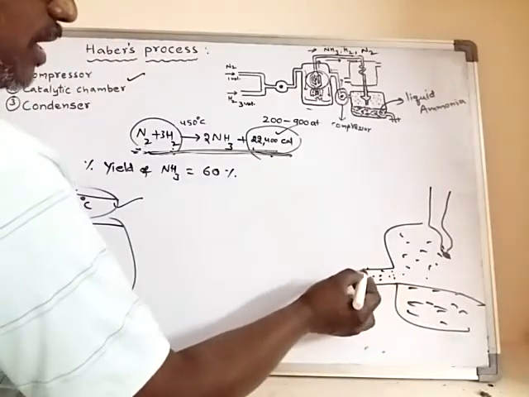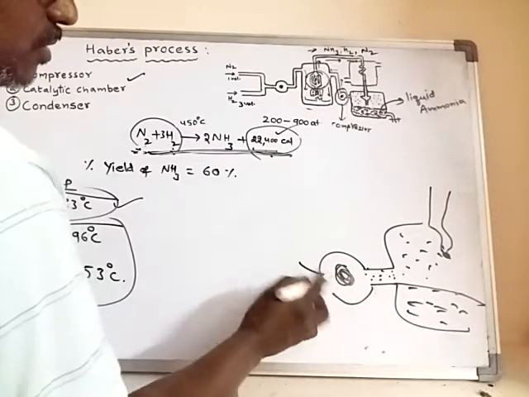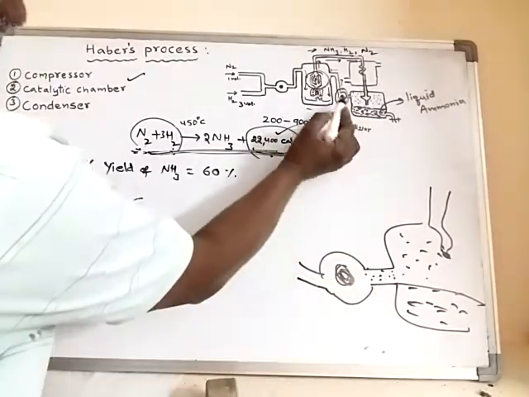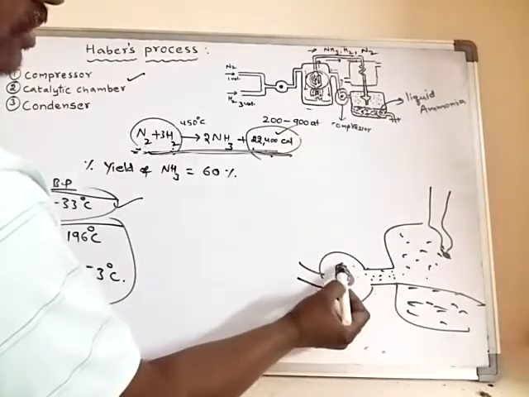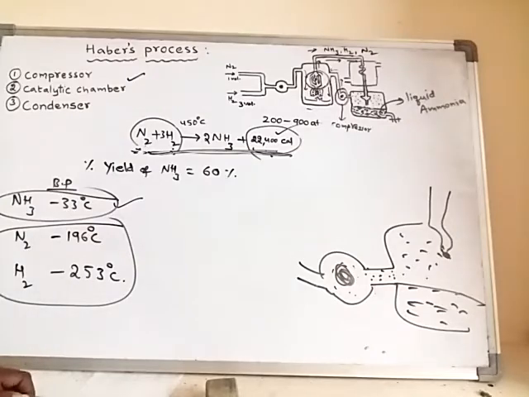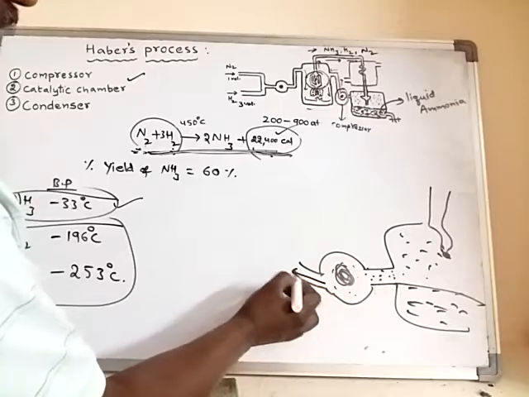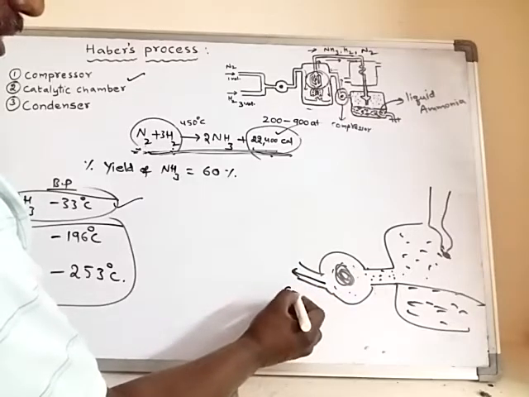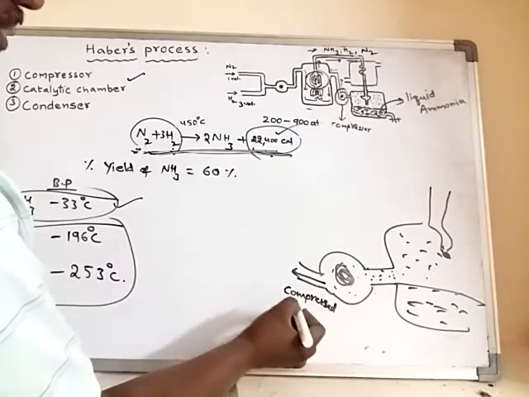Now these will enter into the compressor. This is the compressor. The nitrogen and hydrogen gas mixture enters this compressor and is compressed to a large extent. Now the gas mixture is coming out of the compressor. This is compressed gas, a compressed mixture of nitrogen and hydrogen.